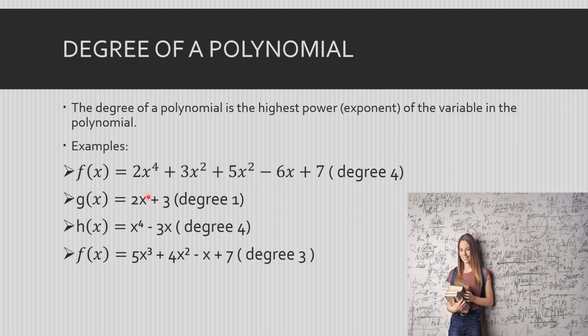Look at this one, the highest power of x is 1, so the degree is 1. The highest power of x is 4, so the degree is 4. The highest power of x here is 3, so the degree is 3. That is how we can define and identify the degree of a polynomial function, that is the highest power of x.